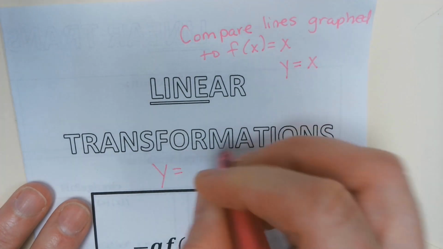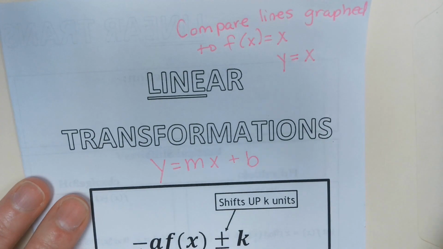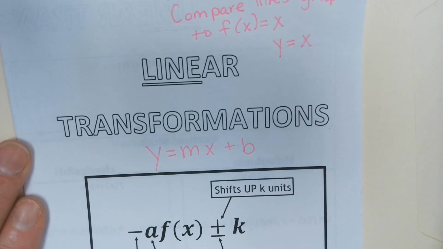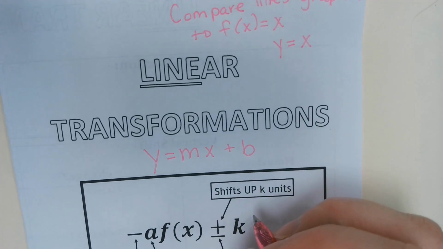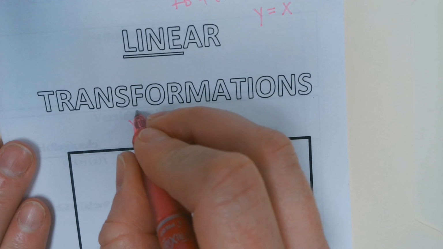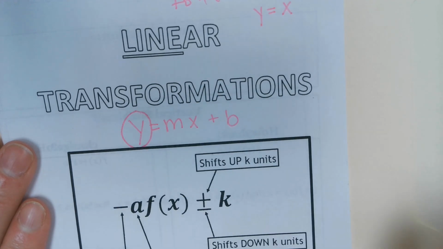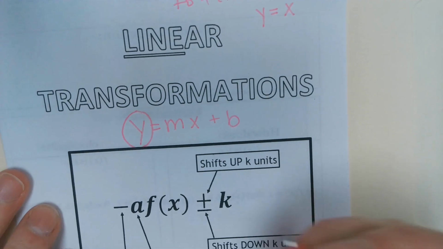But the most famous equation in algebra is y equals mx plus b. We are going to look at the whole y equals, but we are going to write it in function notation. So function notation is like f of x or g of x or h of x. So there's different names for them.